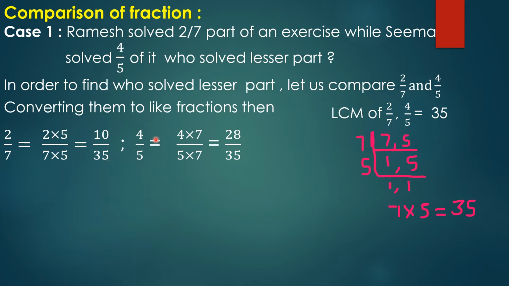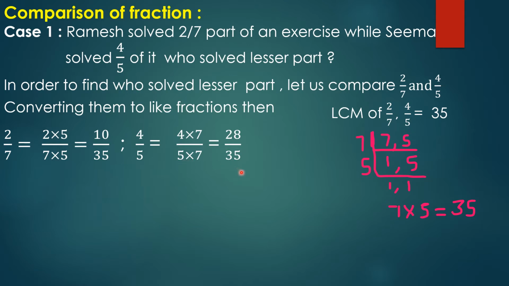And similarly take 4 by 5: 4 into 7 by 5 into 7, because we need the denominator 35. Therefore it should be multiplied by 7, so multiply the numerator also with the same number. So 4 sevens are 28 and 5 sevens are 35.